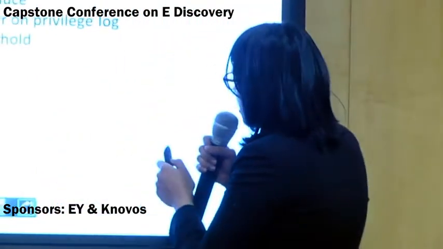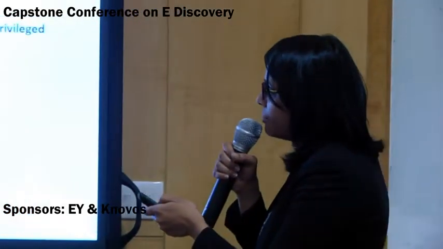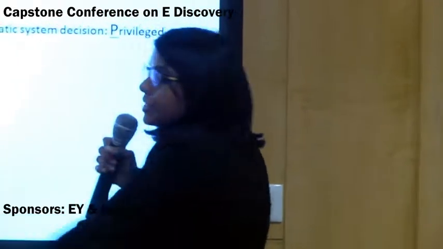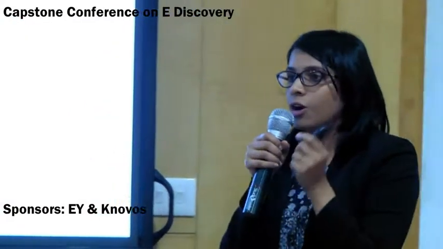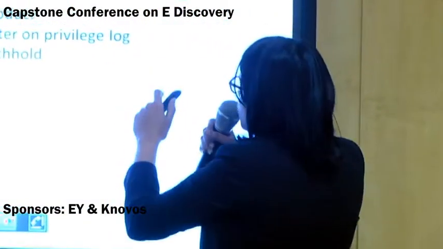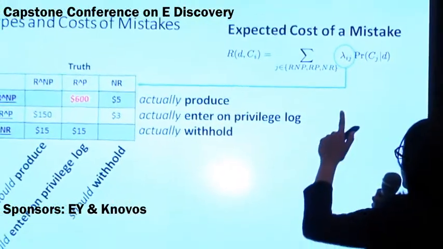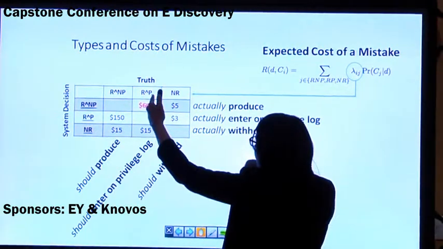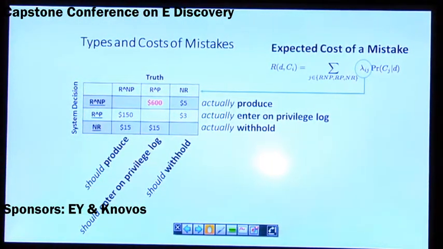So having that, and with what we have from the model here, which is just mere probabilities between 0 and 1, we can tell you the cost of a single mistake that the machine is going to make. So the lambda ij is coming from here: if it is relevant and privileged, and that's a mistake, that's going to be 600.